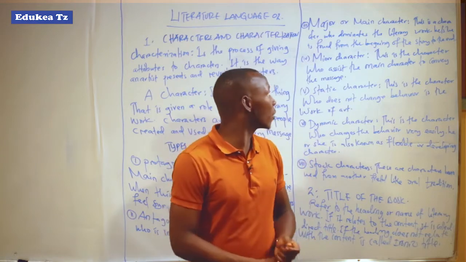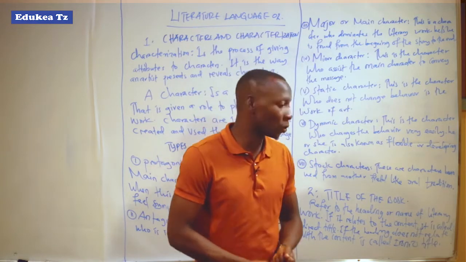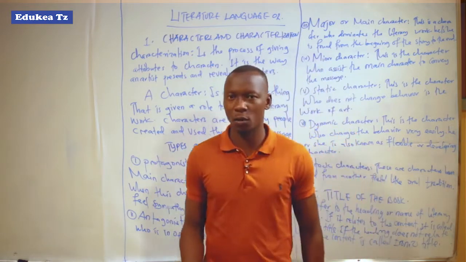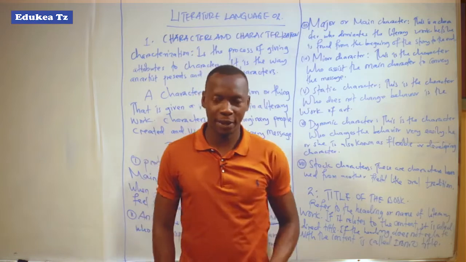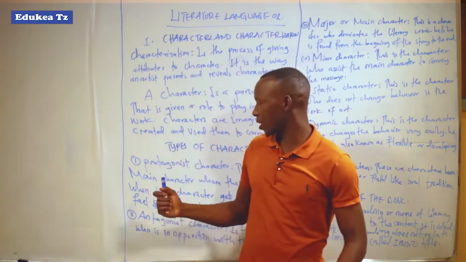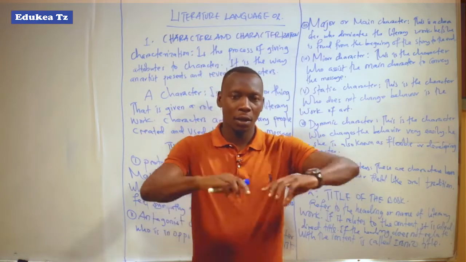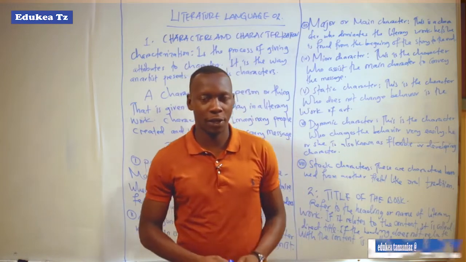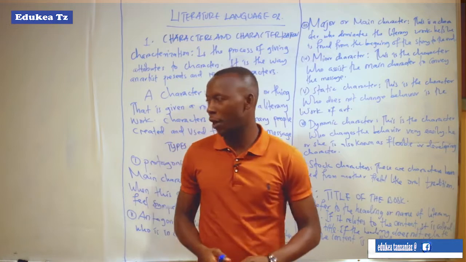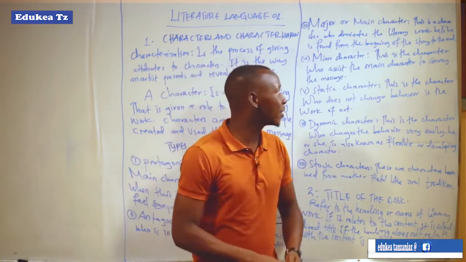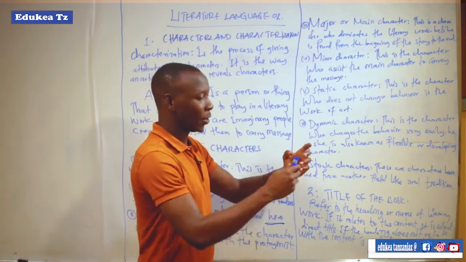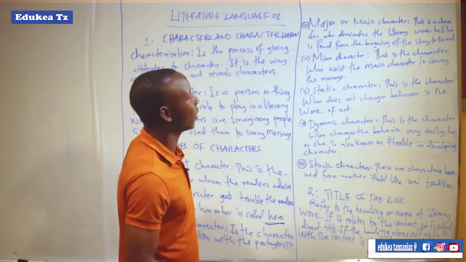So when we are talking about the major or the main characters, sometimes we could find even the protagonist and the antagonist characters becoming the major or main characters, because you find sometimes they are seen from the first page of the text to the end of the text. This implies that the main characters are there to show how they play their part in that literary text.